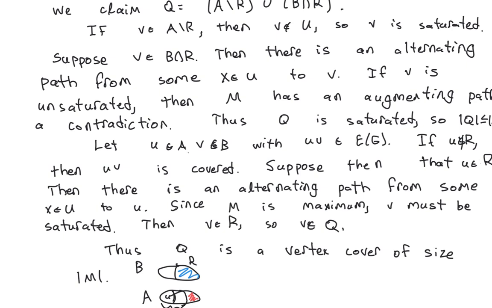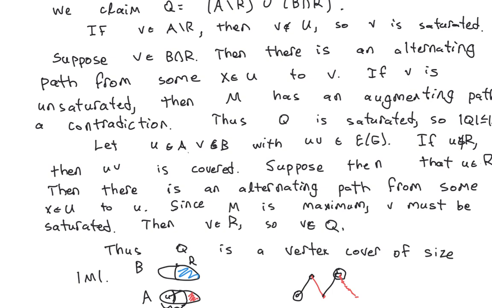More importantly, if it were some sort of path that alternated as so, and this vertex was left unsaturated, then you would now have an augmenting path. And since we're assuming M is maximum, that is false. So not only do we have this alternating path, but we know that this endpoint in B intersect R has to be incident to a red edge. So this shows that every vertex in Q is incident to at least one edge in the matching.